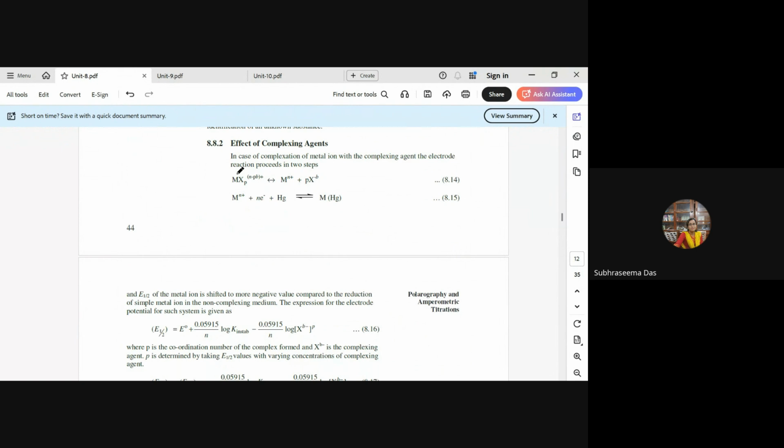In the case of complexation of a metal ion with a complexing agent, the electrode reaction proceeds in two steps, shown here in equations 8.14 and 8.15.